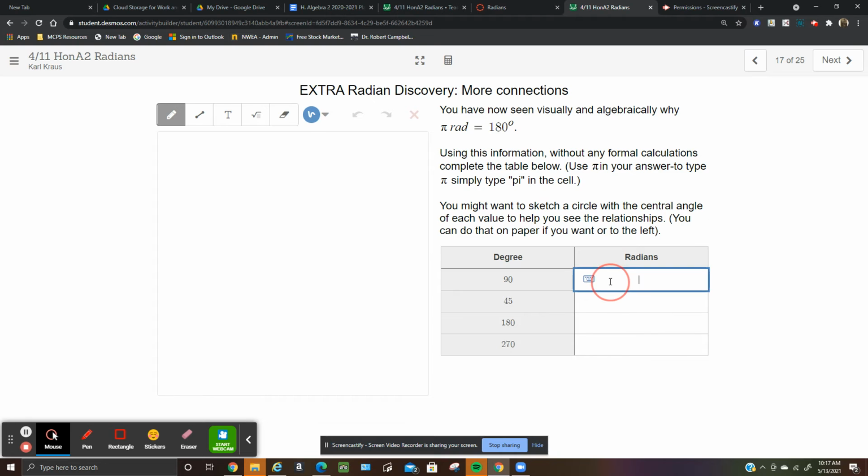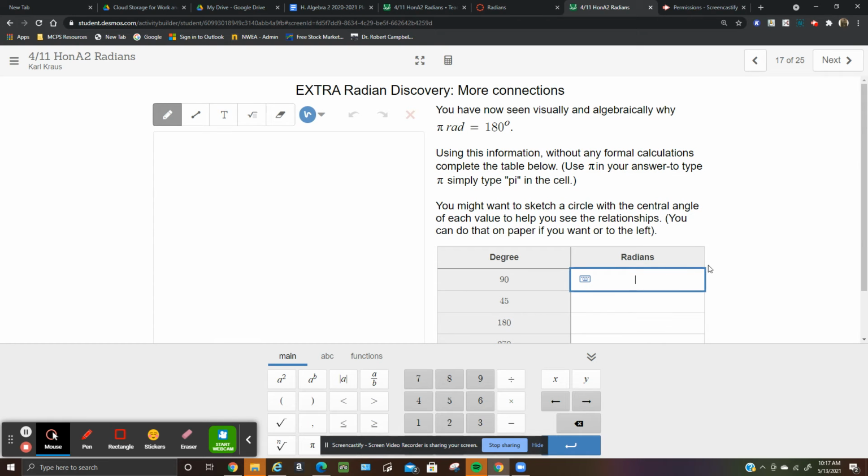And then filling in this table, 90 would be 90 pi over 180, and that's equal to pi over 2.